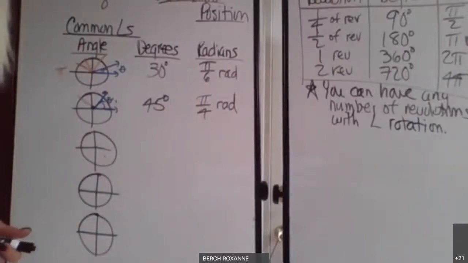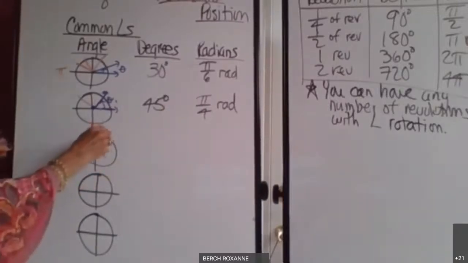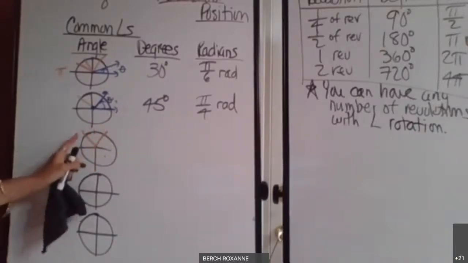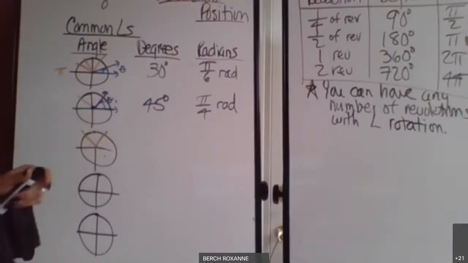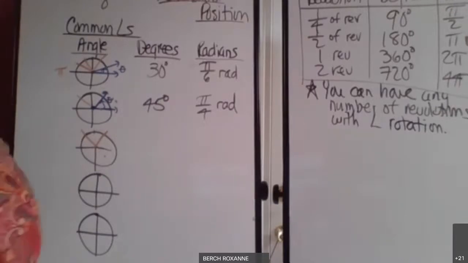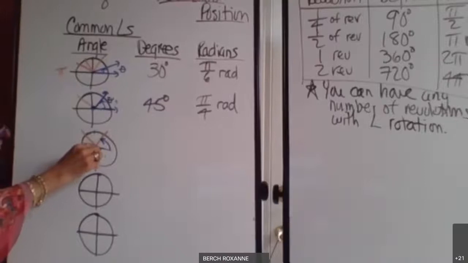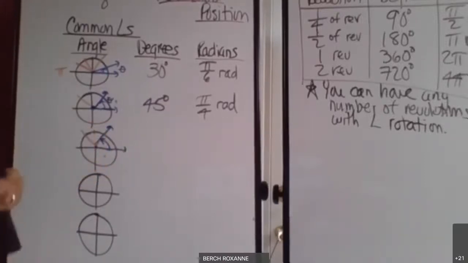So the third example is I'm going to disregard that line in the middle, and I'm going to draw 3 equal parts. 1, 2, 3. You see it? I don't need the line in the middle. If I drew that and I asked you, what is this angle right there? In degrees, it would be 60 degrees.